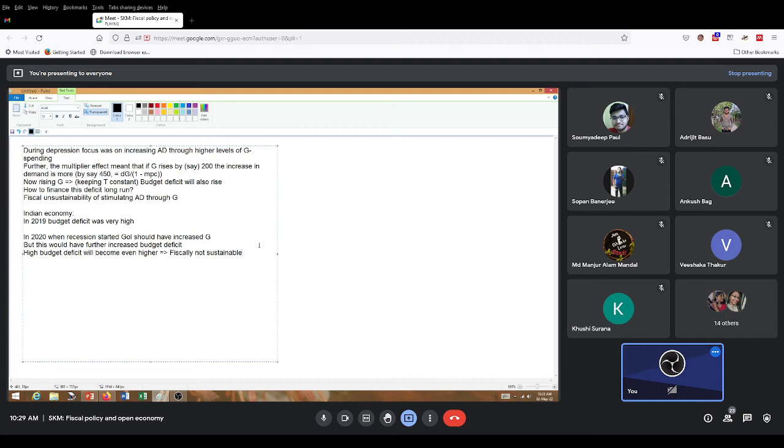So now you're coming back to the classical model. The classical argument was, if you increase G now, it means you have to reduce G in the future. So today if you increase G, you have a budget deficit.